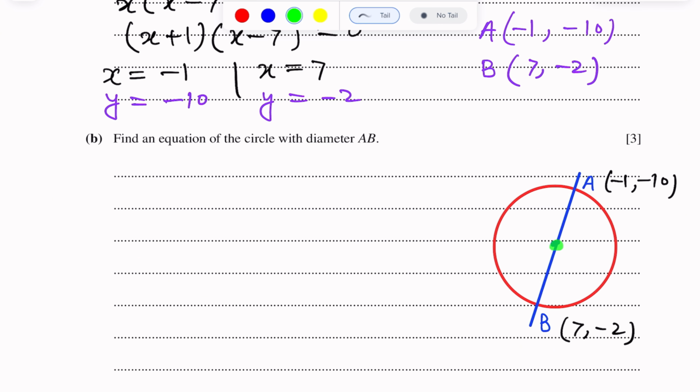Let this point be represented by C, the center. We apply the midpoint formula to find the coordinates of C.